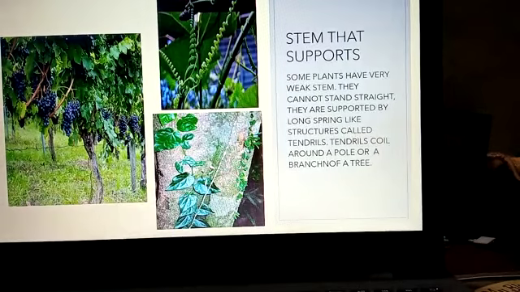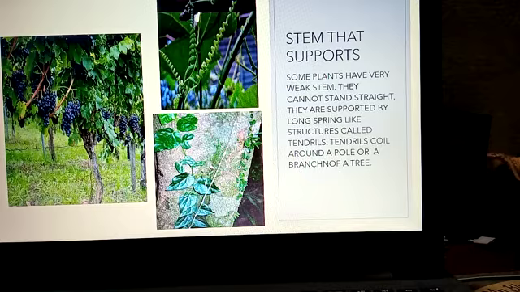Coming to the second one, the stem that supports, children. We all know that there are some plants which cannot stand straight. They have a very weak and thin stem and need support to stand. Those plants get support from a long spring-like structure called tendrils.